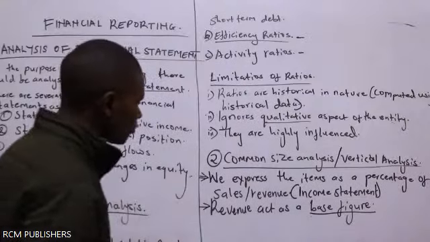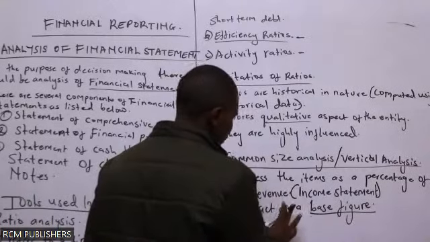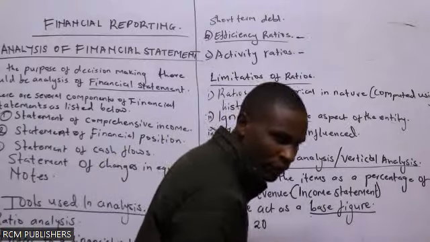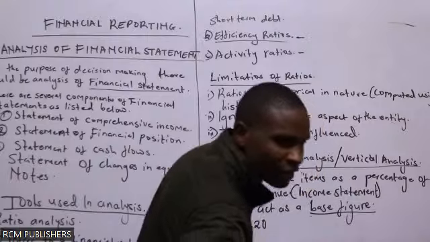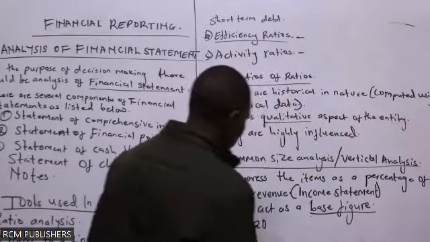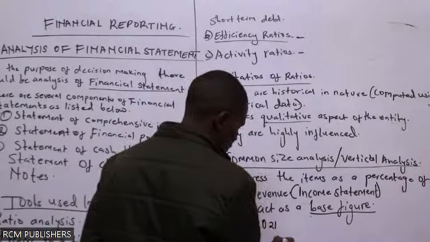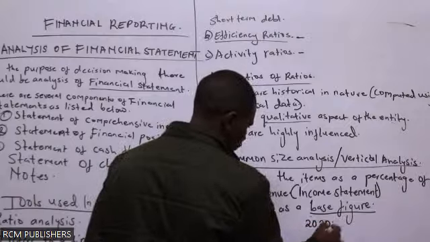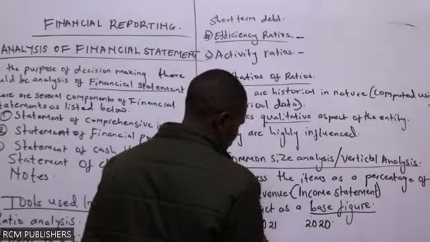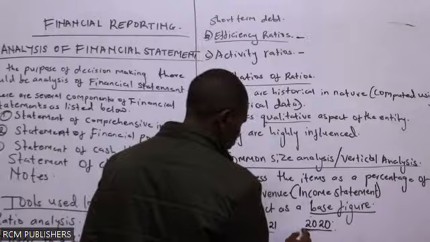For example, let me now show you how we shall be doing this. This is Morris Limited, a company, 2021 financial year and 2020.